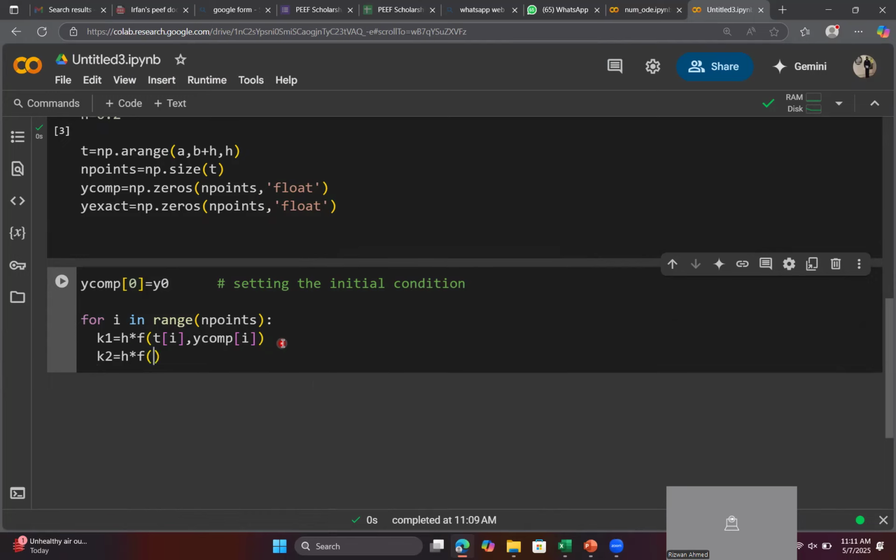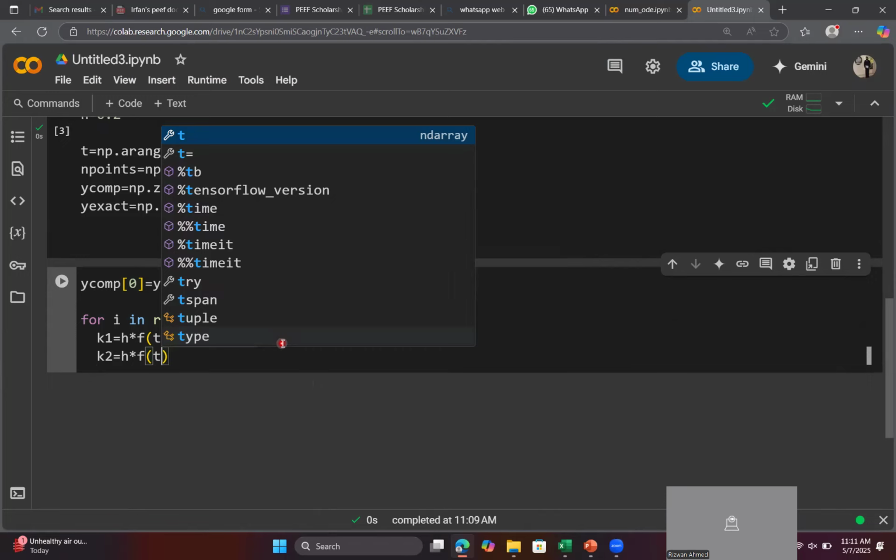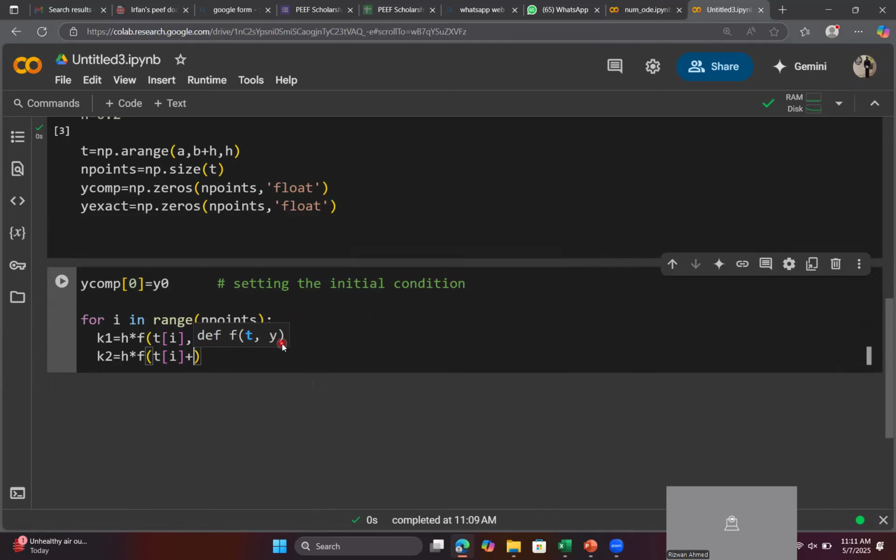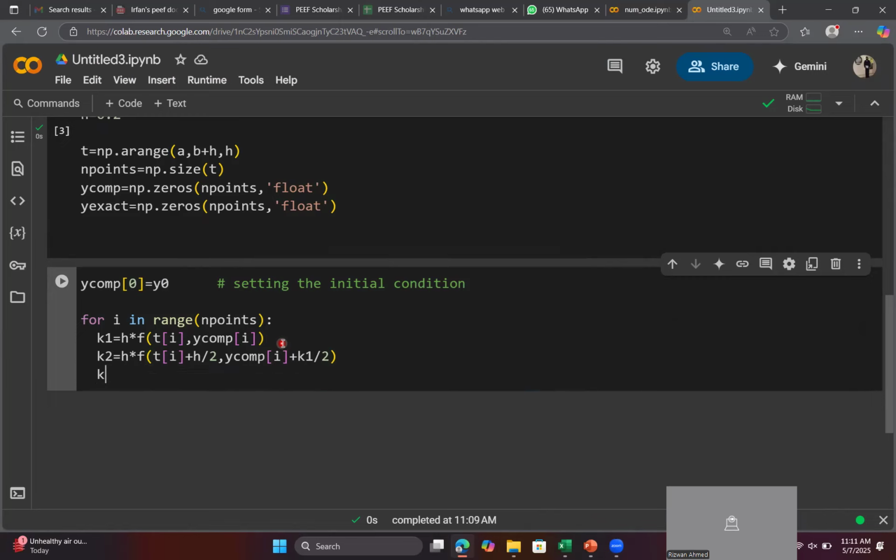f of Ti plus H by 2. So this is the argument update in T, and the argument update in Y will be with the K1 by 2. So that's it. K2 calculation, then K3 calculation.